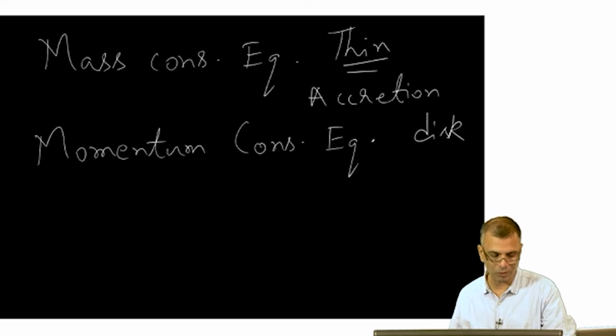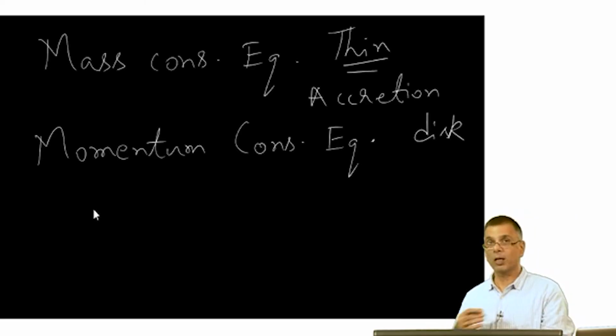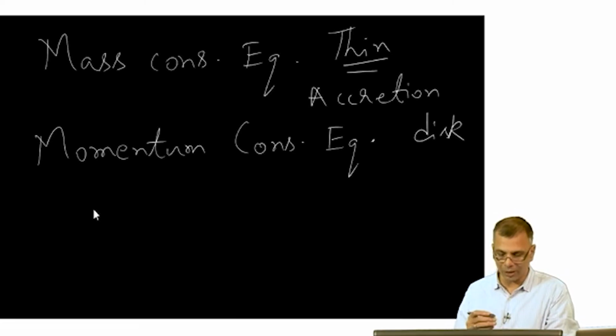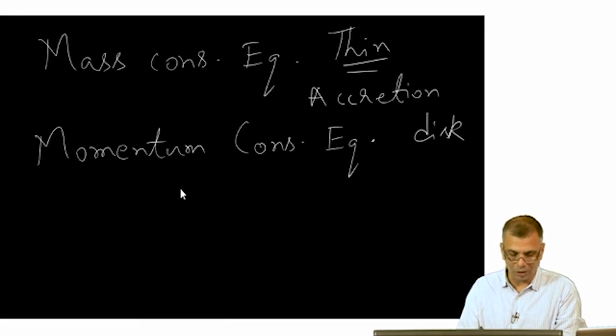When we were talking about spherical accretion, the appropriate coordinate system to adopt was a spherical coordinate system. In this case, it turns out that the cylindrical coordinate system is much more convenient.